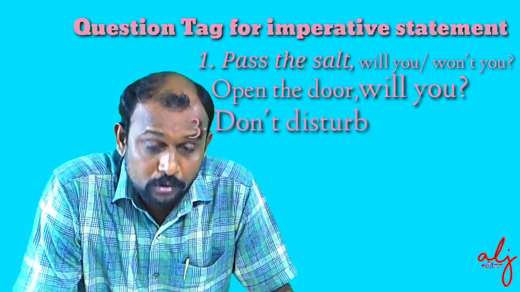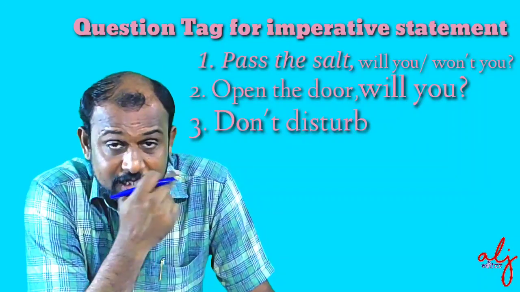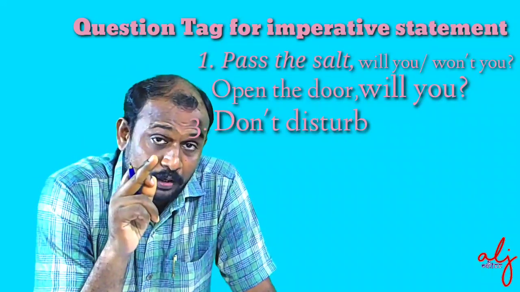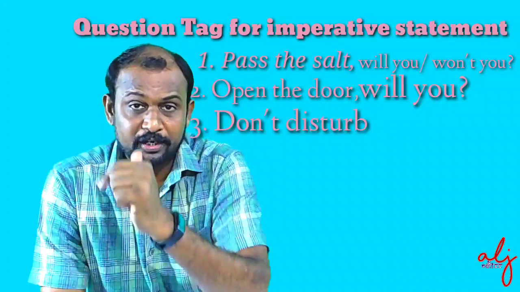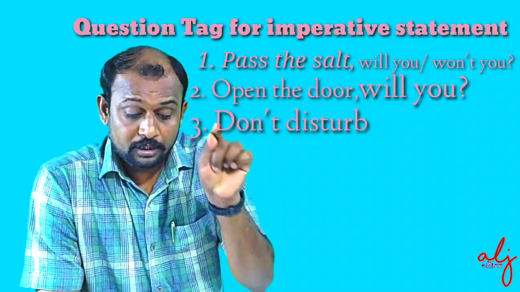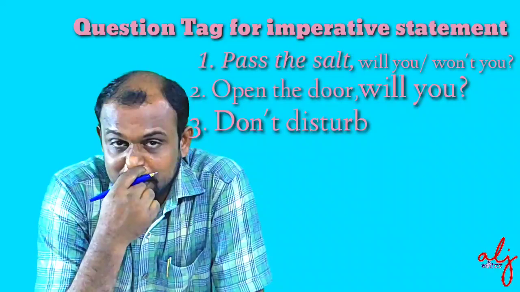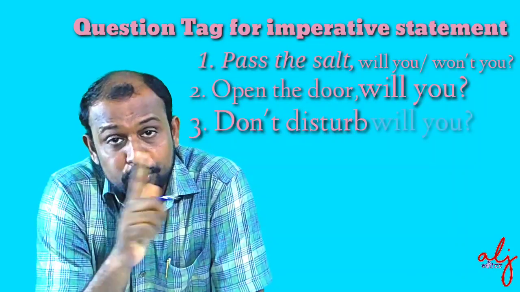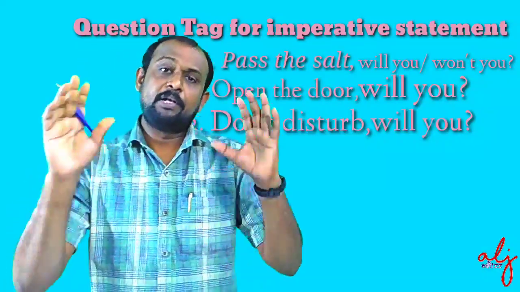Next, don't disturb. See, first and second statements are examples for positive imperative statement. See, positive, pass the salt, there is no negative word here. Second one, open the door, there is no negative. But here, don't disturb, there is a negative word. So, in this case, you cannot go for won't you, only one option, that is will you. That's why I told you children, always prefer will you.